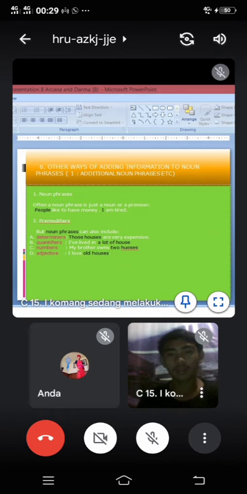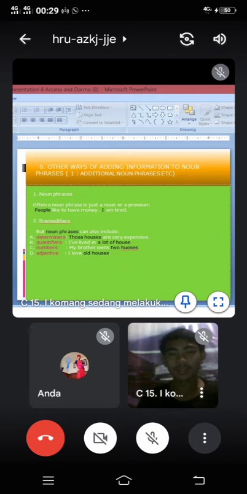Those houses are very expensive. The determiner is those. Quantifier: I've lived in a lot of houses. The quantifier is a lot of.